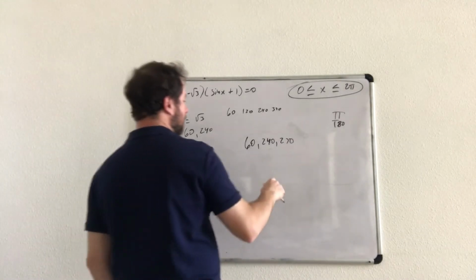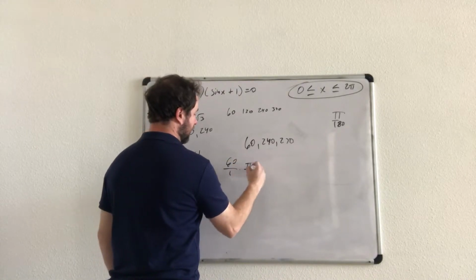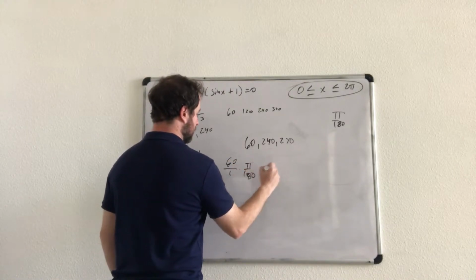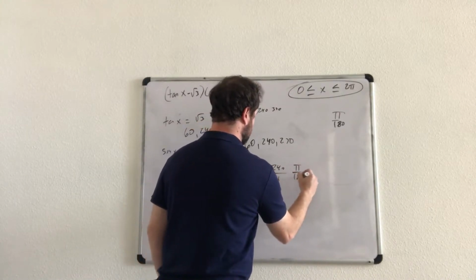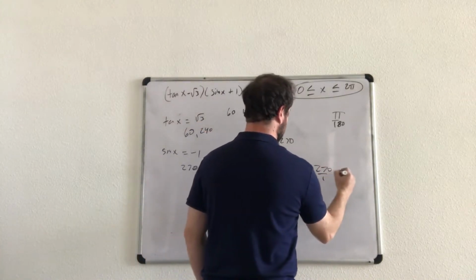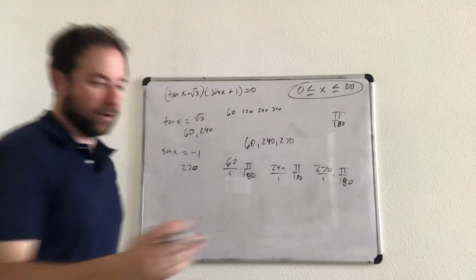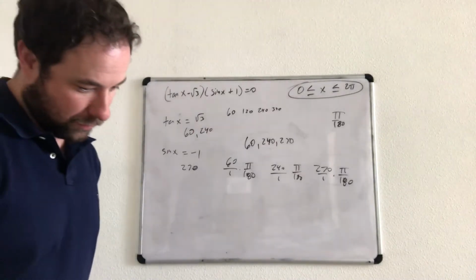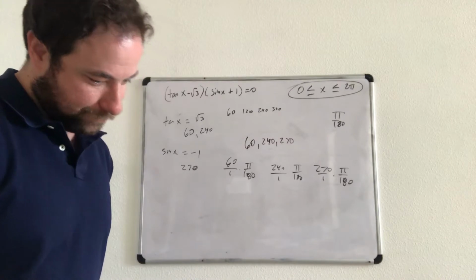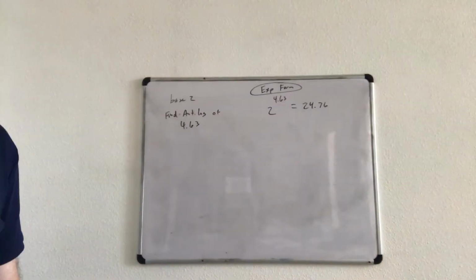And when you move this into radians, you multiply 60 times pi over 180, and then 240 times pi over 180, and then 270 times pi over 180. So you got to convert all of those to radians. When you do that, your answers are pi over 3, 4 pi over 3, and 3 pi over 2.